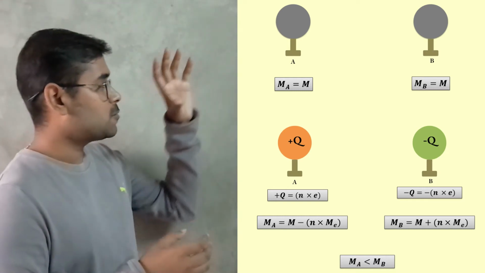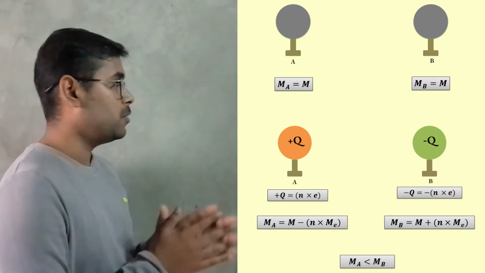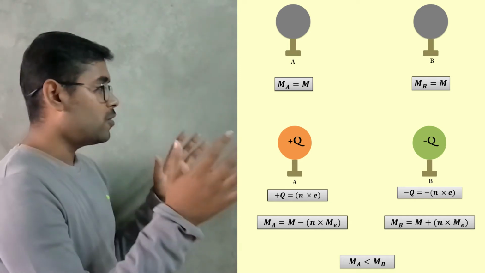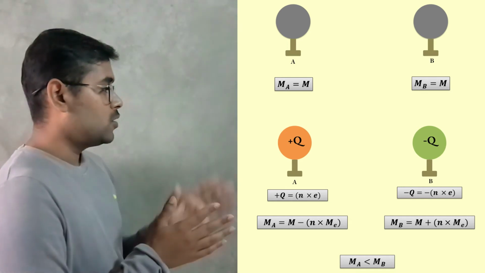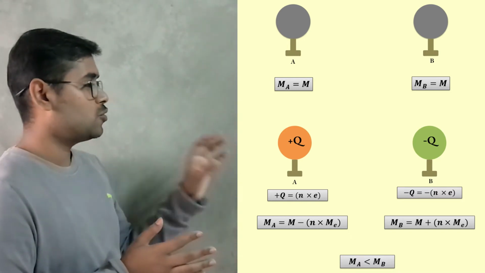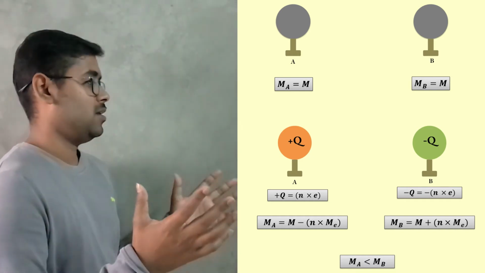Similarly, to turn sphere B into a negatively charged sphere carrying a charge -Q, we need to add some extra electrons to it. Since the magnitude of the charge on each sphere is same, the number of electrons that are removed from sphere A should be equal to the number of electrons that are added to sphere B.